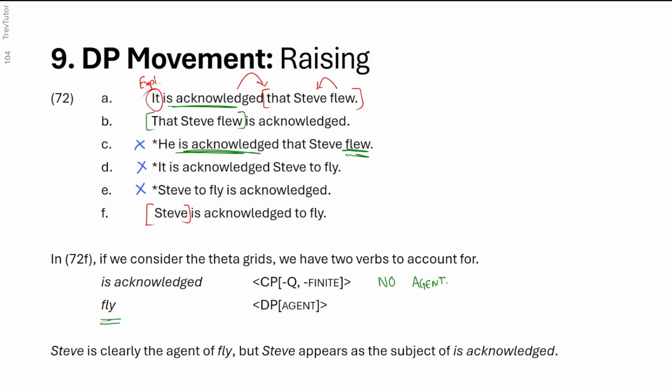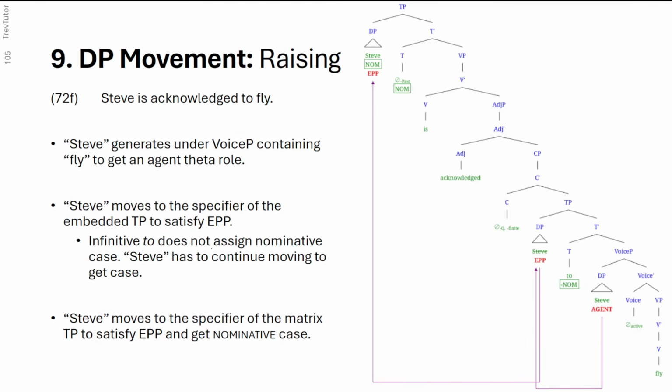Now, here's the question. If we take a look at F, we have Steve is acknowledged to fly. So how does Steve end up in the subject position if Steve is the agent of fly? Okay, that's interesting. So we have a more complicated structure here, and basically we're going to have different types of movement, and for different reasons.